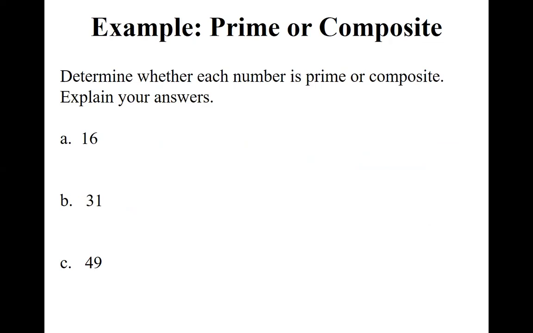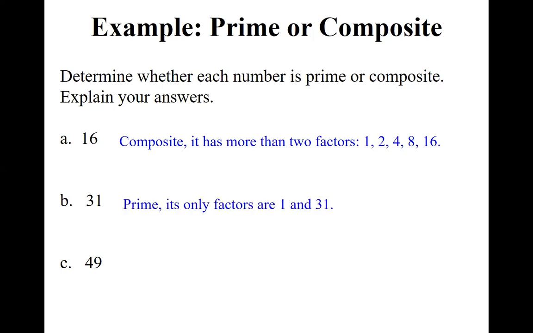So is 16 prime or composite? Well, as soon as we can think of something other than 16 times 1, for instance, 2 times 8 or 4 times 4, we know that it's composite. 31 is prime because its only factors are 1 and 31.